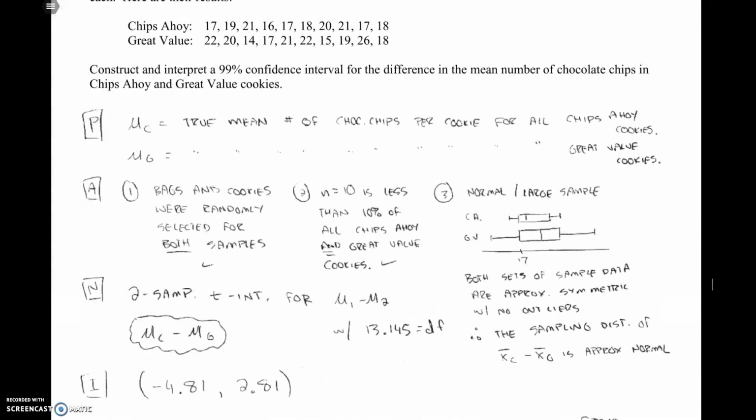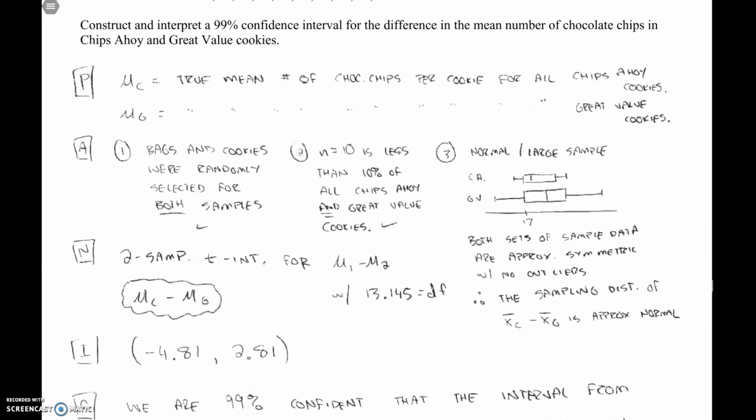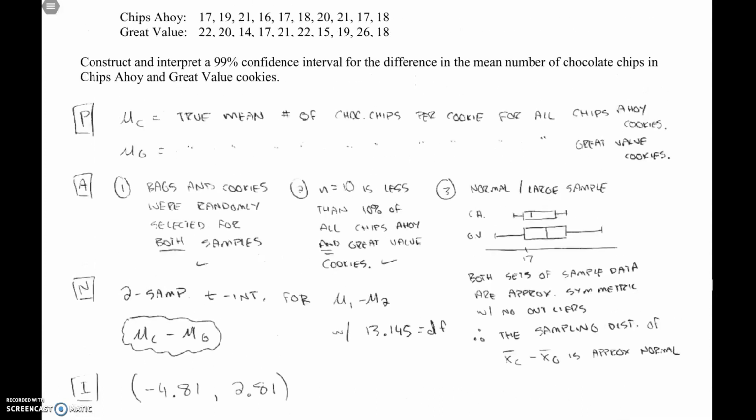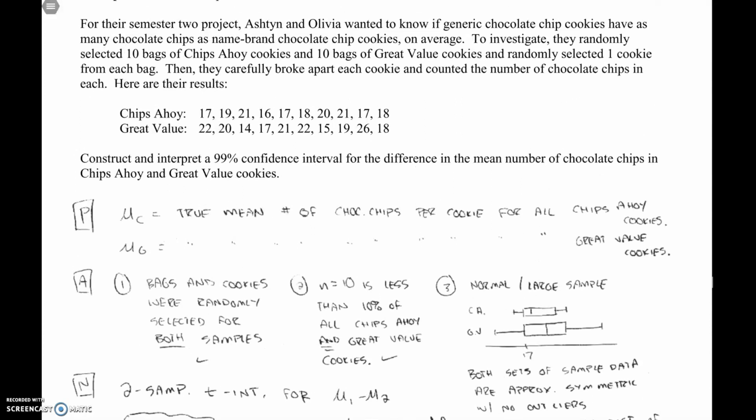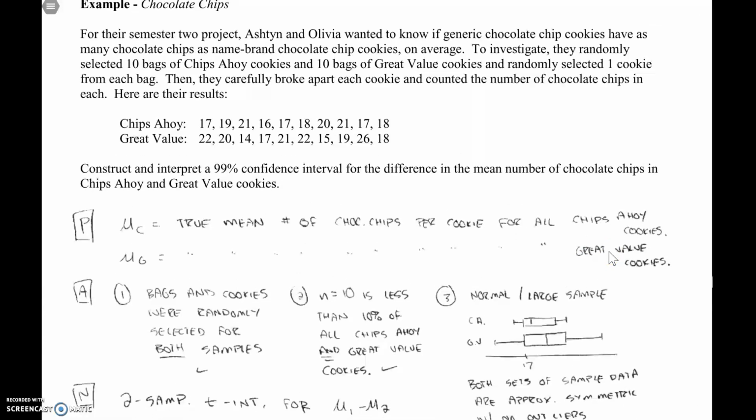All right, so like before, I have a worked out problem, so you don't have to listen to me and watch me write it all out. Let's just follow along and figure this out. Actually, I'm going to put this in my calculator so I can talk about a couple things. Hold on one sec. All right, for their semester 2 project, Ashton and Olivia wanted to know if generic chocolate chip cookies have as many chocolate chips as the name brand on average.